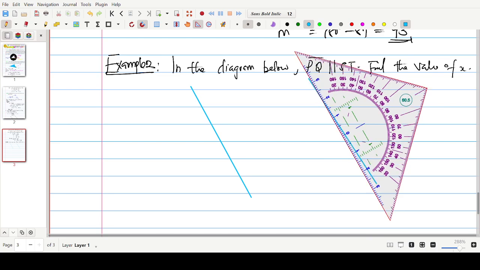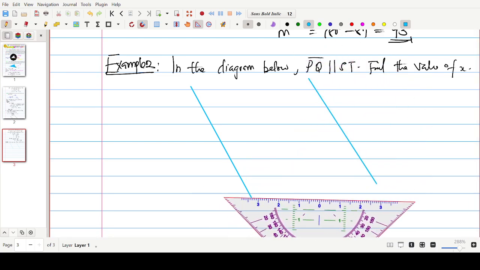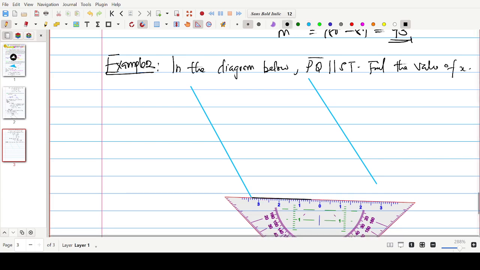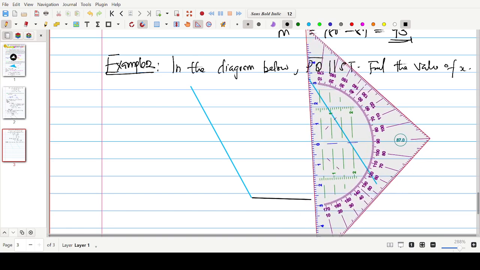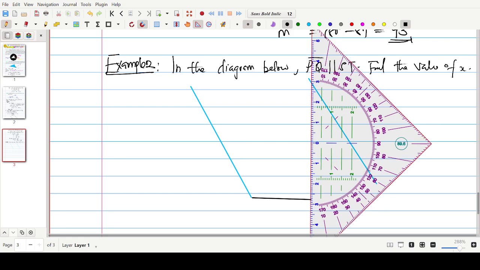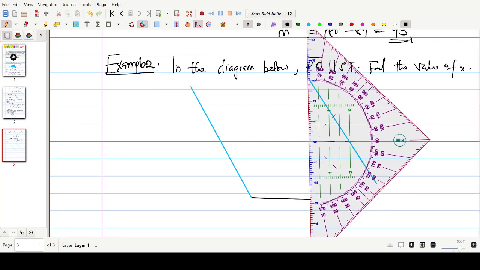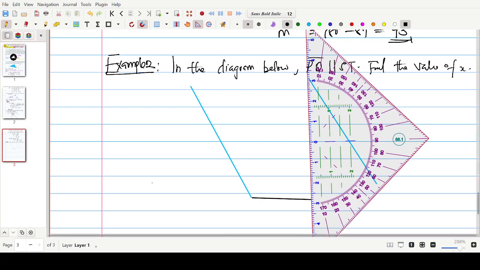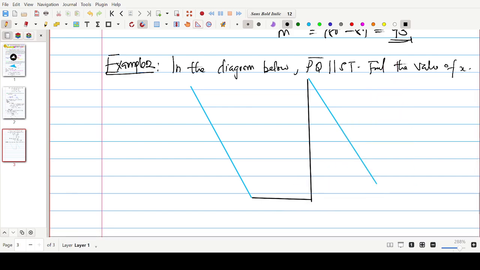All right. Then we have this given to us. Connecting it to these points. So this is the major thing that is given to us.